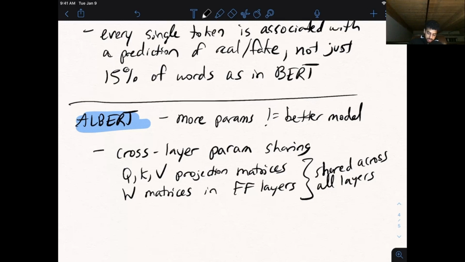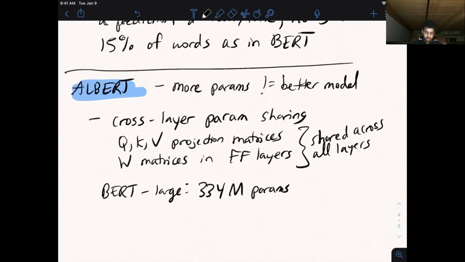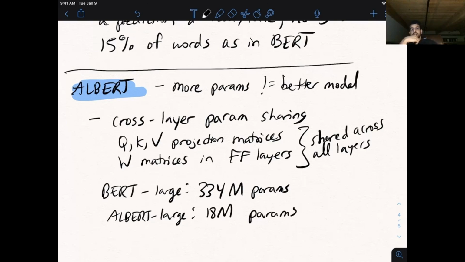So I guess I should make the explicit comparison that they give in their paper. They show that BERT large has 334 million parameters, and ALBERT large, which is the same exact architecture but does parameter sharing, has only 18 million parameters. So that's a huge reduction in the number of parameters.